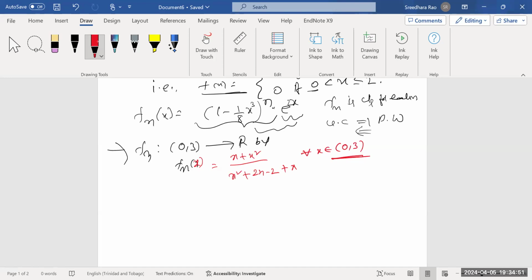one of the sides may be closed. Okay, so we can verify by using the Mn test. First we need to verify whether it is pointwise convergent or not. Everyone knows this one. This is the limit as n tends to infinity of fn of x.